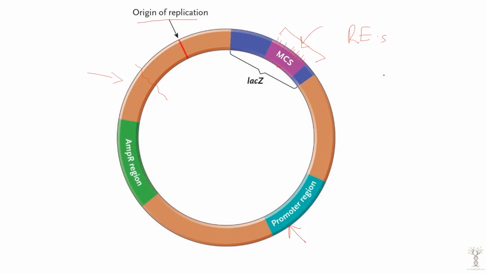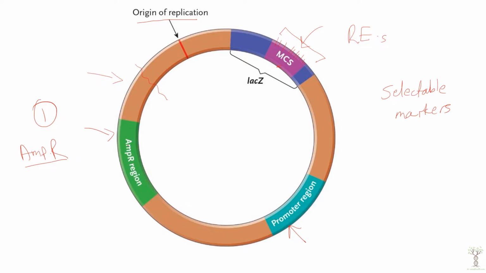Now, two other features. We need to have selectable markers. The first kind of selectable marker is antibiotic resistance. So this has AMP, which is short for ampicillin, which is a type of antibiotic, and resistance. It can be tetracycline resistance or amoxicillin or any kind of antibiotic resistance gene.